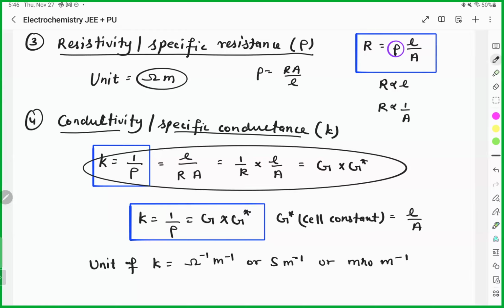Correct? What should be the unit of cell constant, Chinmay? Sir, per meter, because length is meter and area is meter square. Yes, sir. Per meter.